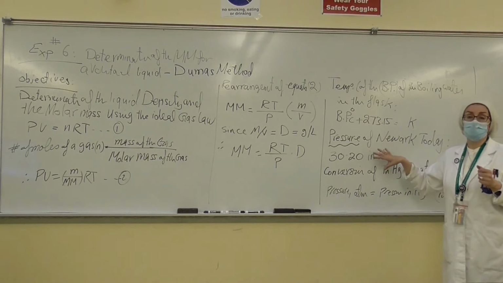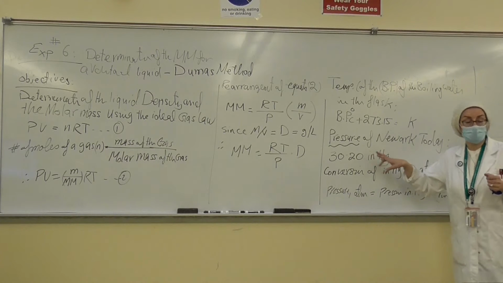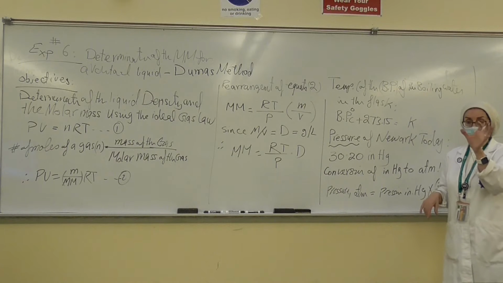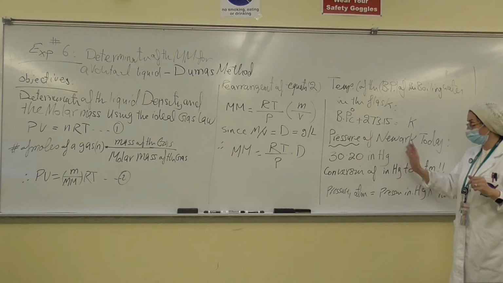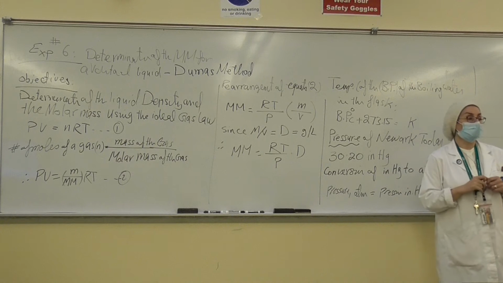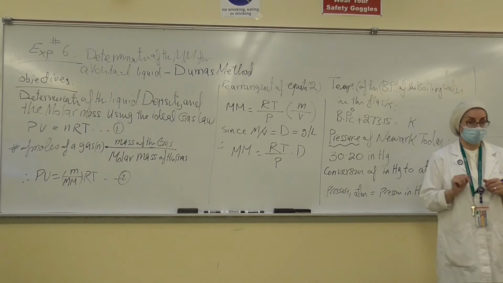Also, I measured the pressure for today in Newark, and it was given to me online. If you go online, you will see it also. It is 30.20 inches of mercury.